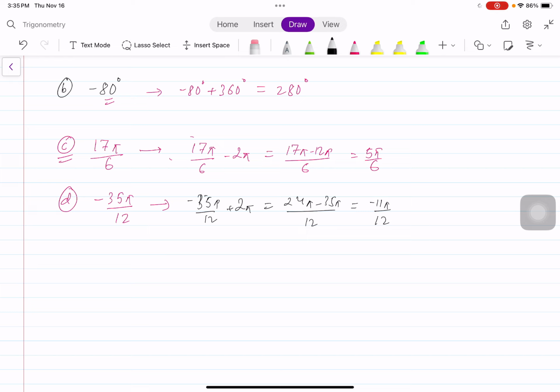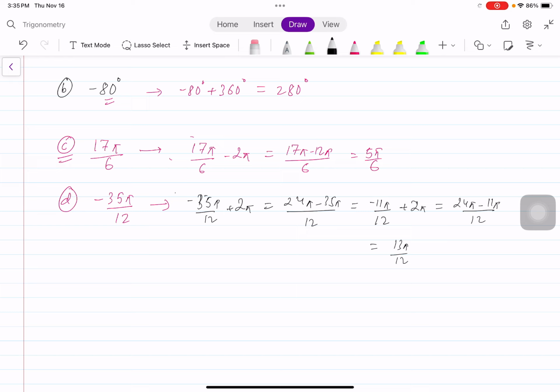Do you want this to be a negative number? No. Because we want a positive number, we again can add 2 pi and find this number, which is 24 pi minus 11 pi over 12, which is 13 pi over 12, which lies between 0 and 2 pi.